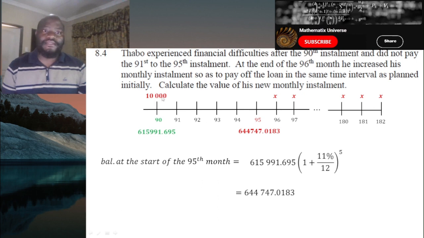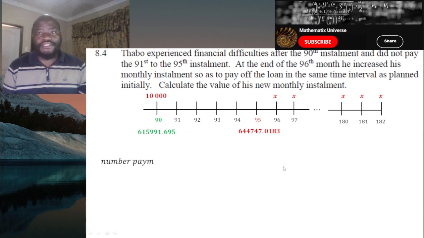So that's 8.4. Up until here, we have this amount now. Now we need to regard this as though this is the new loan, and then we need to figure out how many months it is from here to here, and then calculate the X, the installment that needs to be paid.